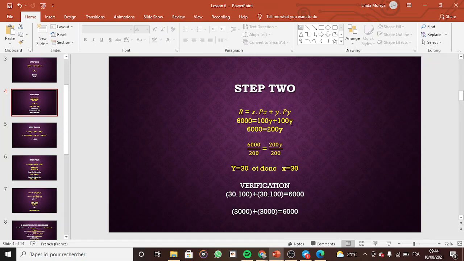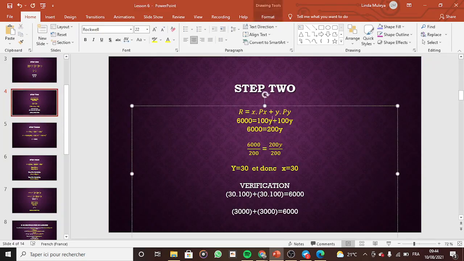So what you do is, where there's x, you put y. Or if you want, where there's y, you put x. Like I said previously, you could change this. It can be 100x plus 100x. It will give you the same answer. And so that's what we've done here. Once you find this, when you divide 200, which you found here, into 200 here and 6,000 here, your answer is 30.